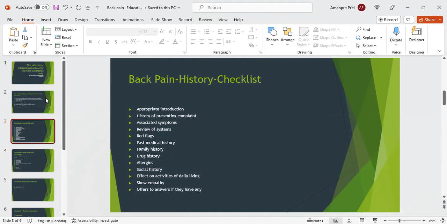Ask about allergies, if they have any, including drug allergies or other allergies. For social history, smoking, alcohol, drug use, occupation as well. Sometimes they have an occupation which can lead to chronic back pain or even acute back pain as well. See if there is any effect on their activities of daily living.